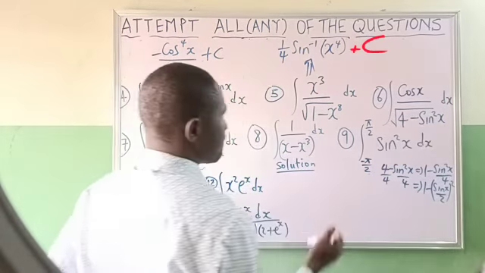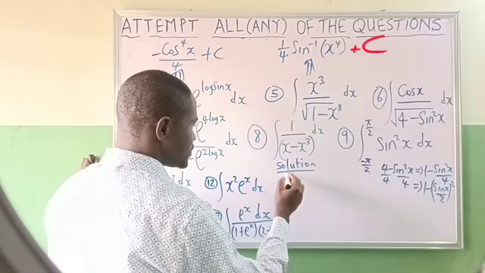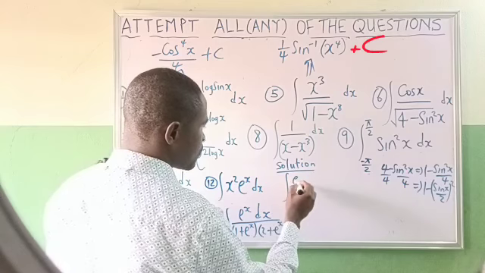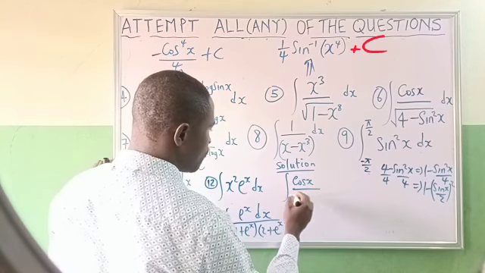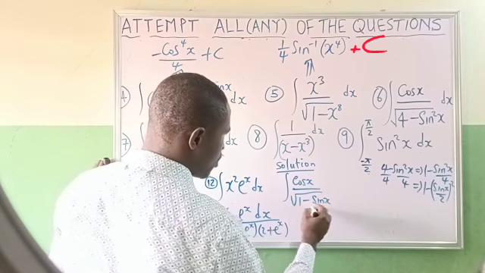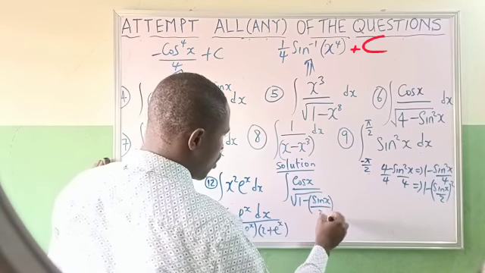We'll bring it here. We said that this means integral cos x all over square root of 1 minus sine x over 2 all squared.